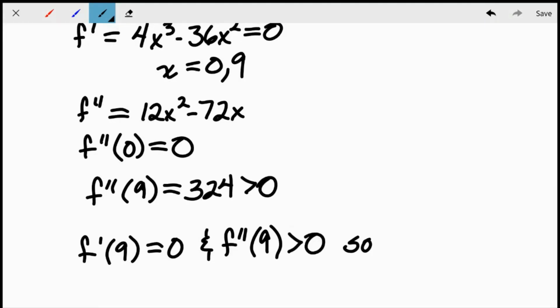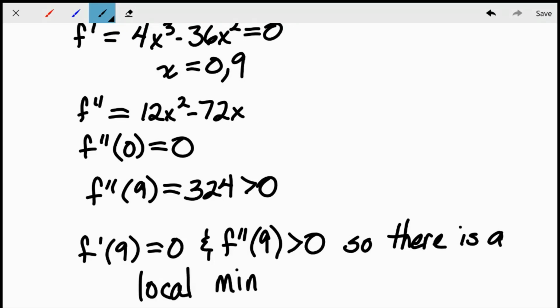So in this case, there's a local min or a relative min. And you can write out minimum if you want. I usually just abbreviate. And there's a local min at f of 9 is equal to negative 2,182.